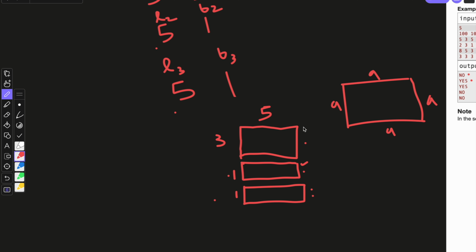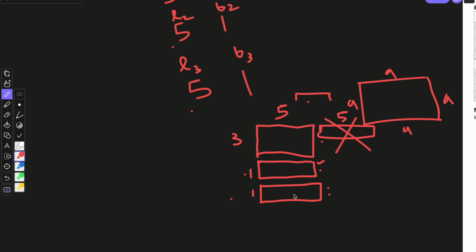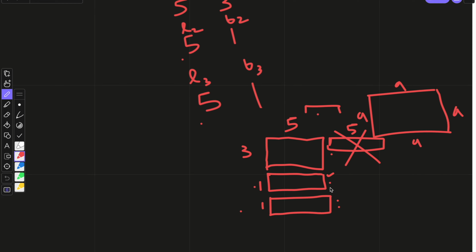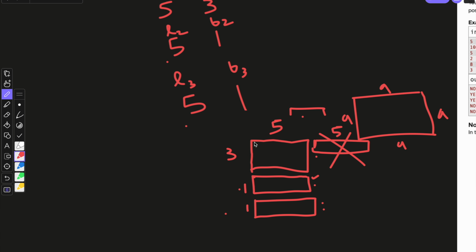If we arranged it the other way, the length would exceed and we cannot rotate the rectangles. We just have to arrange them horizontally or vertically, so this cannot be done, but this can be done. Let's check if all the dimensions are equal. This side is 5, this is also 5, and this is 3 plus 1 plus 1, which is also 5.